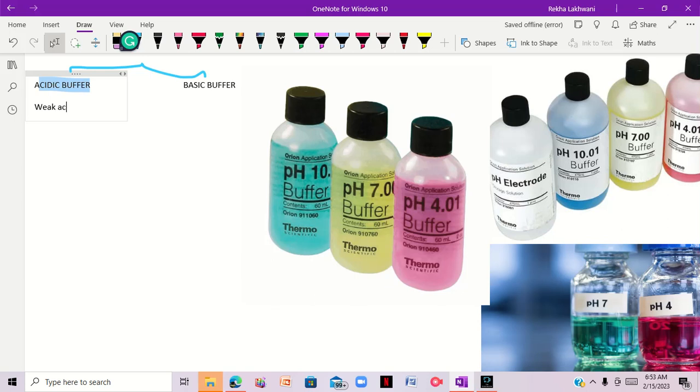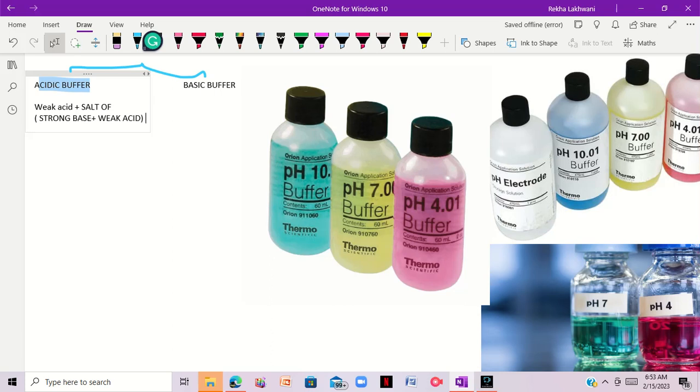weak acid plus a salt of a strong base plus weak acid, right?